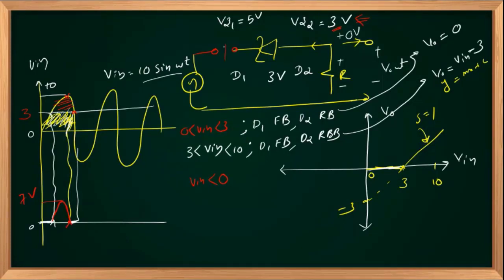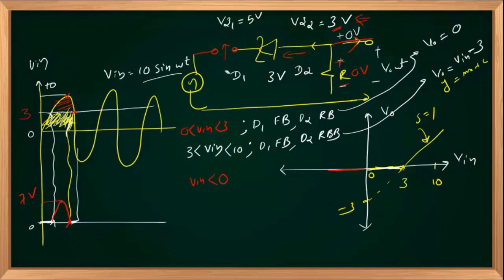Once this is in open condition, no current through this branch, no current through the output side because output is open. Voltage across R will be 0 because current through R will be 0, which implies V out is equal to 0 volts. And that V out equal to 0 volts will continue up to a negative voltage at which the status of the first diode, D1, changes.